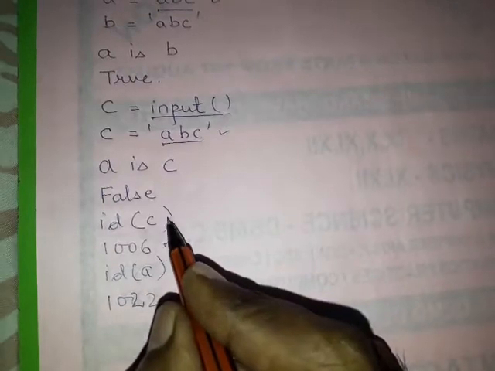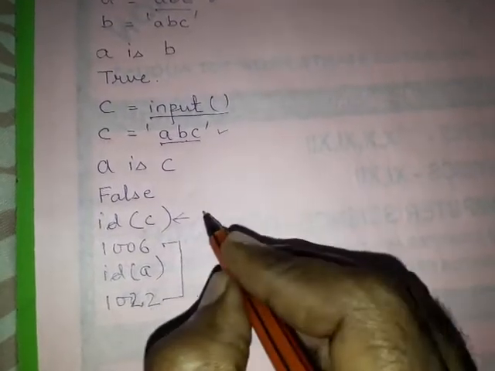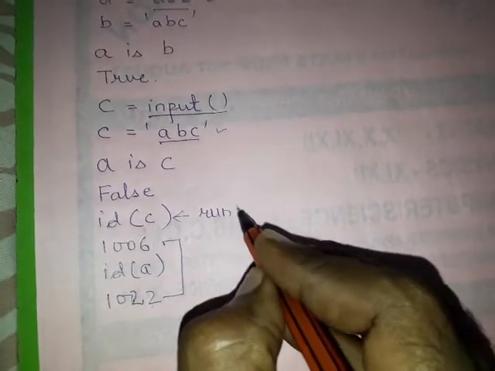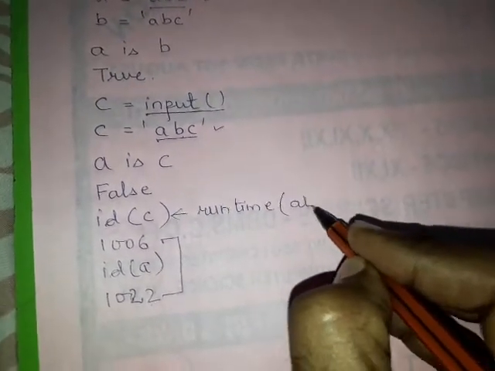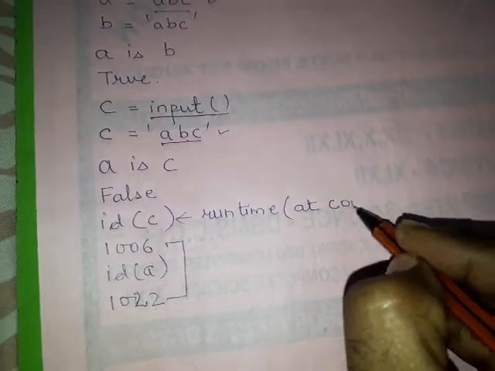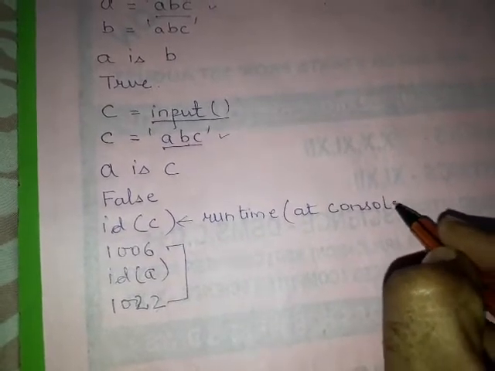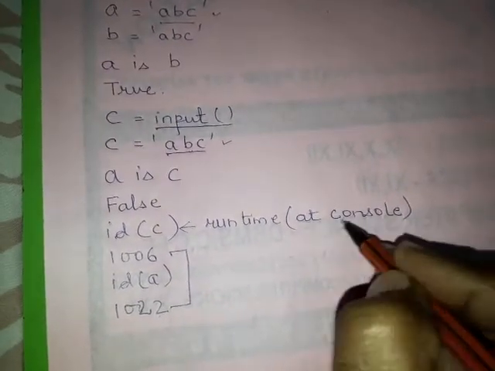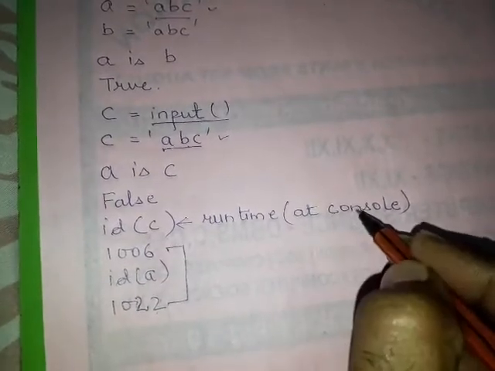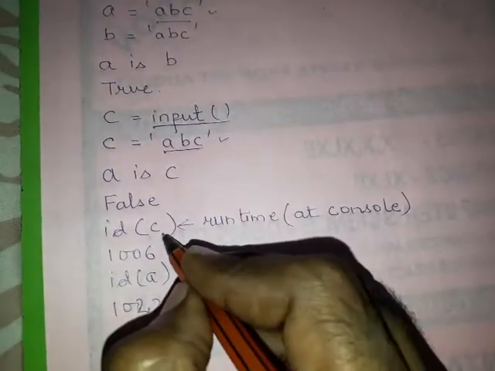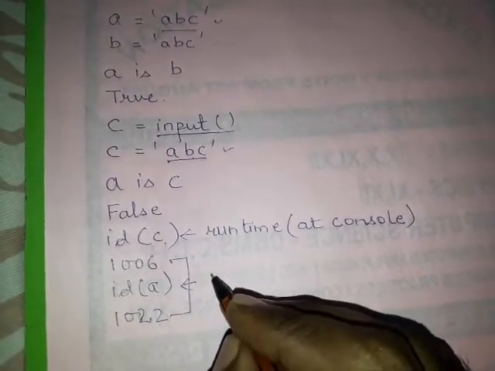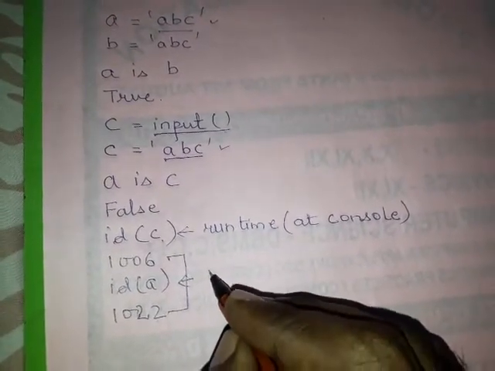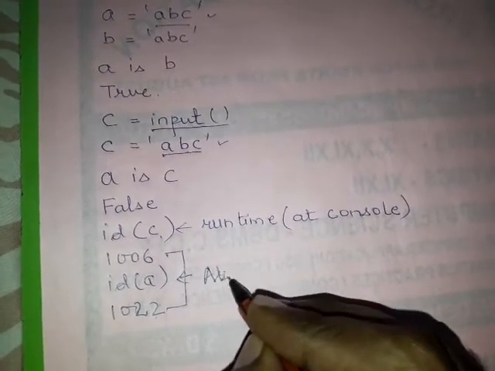So it means this value is given at runtime or at console. Console means while running the program, at the output window, you are giving the value to the variable C, and this A you assigned previously, already assigned.